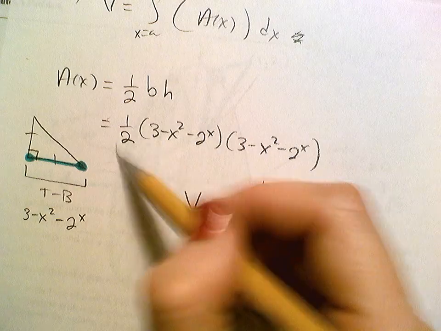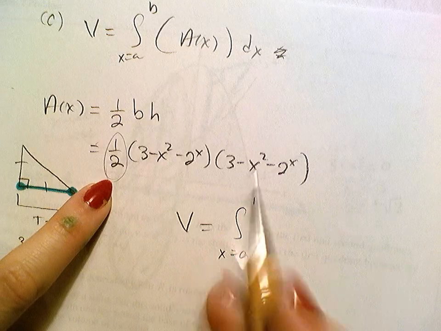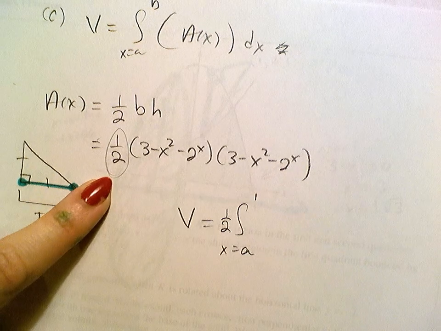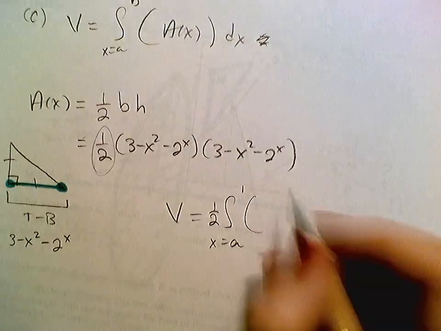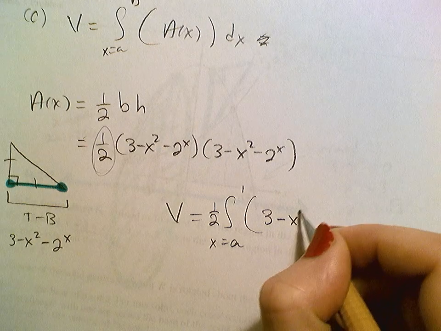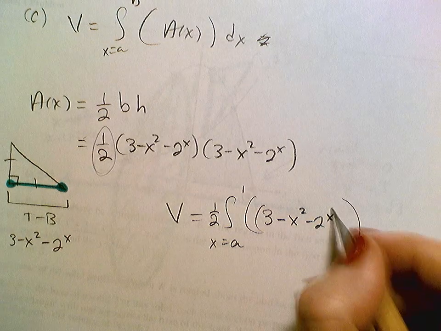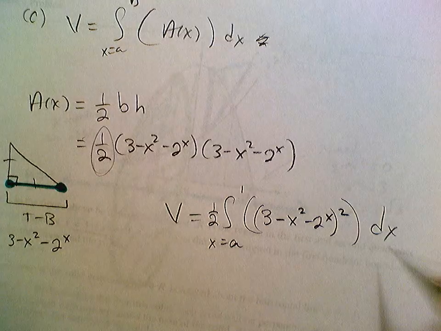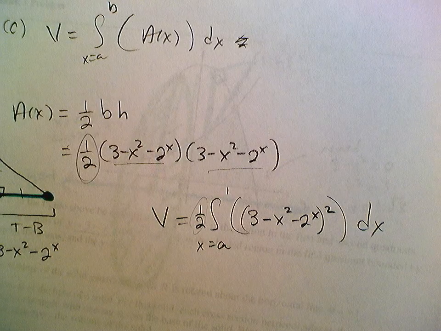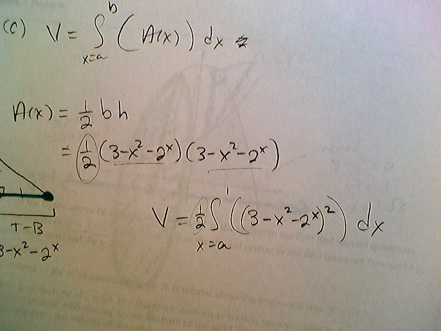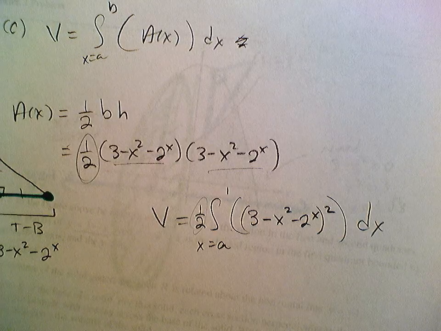And then in here, this 1/2 is a constant multiple. So you could put it inside or you could bring that constant multiple out front, like this. And then in here we just have 3 minus x squared minus 2 to the x. Oh, whoops. And then we square it, right, because it's just this times itself. And if you want, the 1/2 can go inside. That's fine. And then that is it. Okay. Alrighty, I will talk to you later.